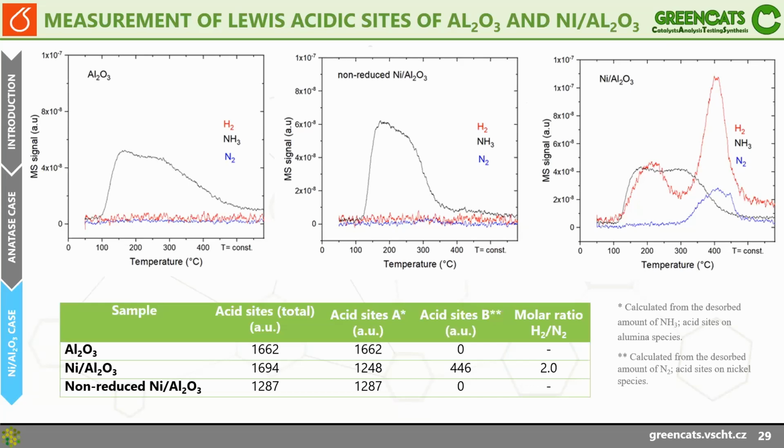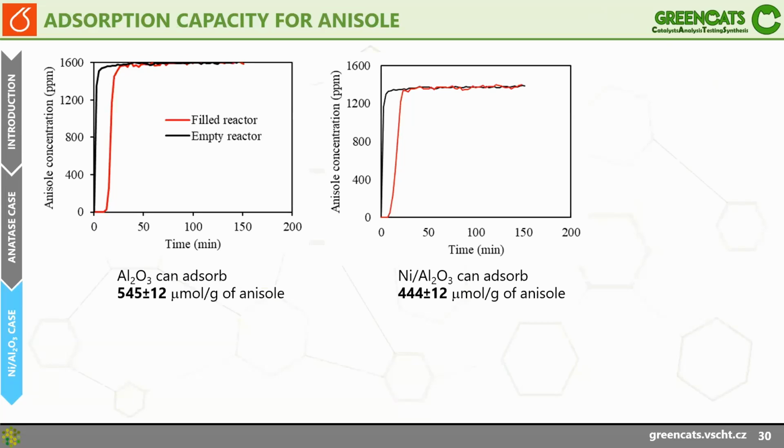So from that, the conclusion is that there are some sites in alumina that are occupied or blocked by the nickel oxide form, but then when reduced, either they reappear or rather the nickel itself takes the role of these sites.